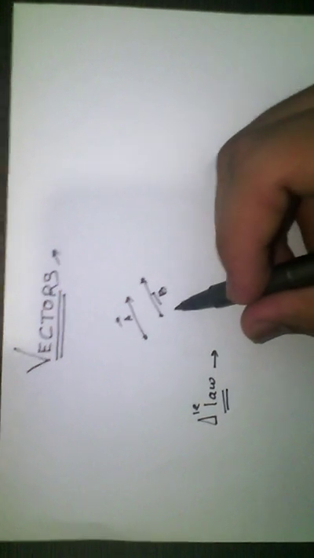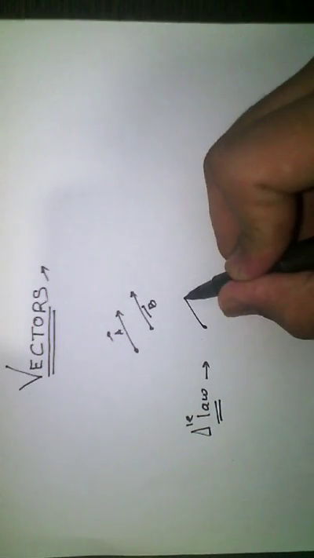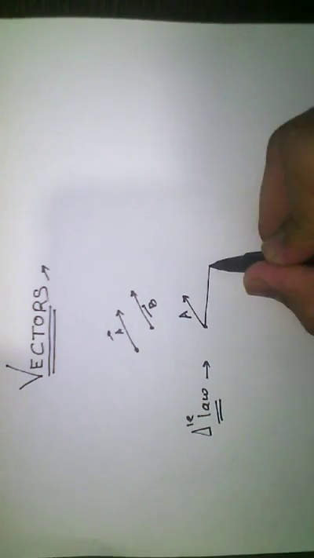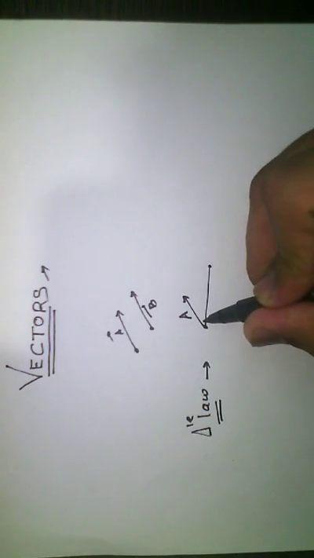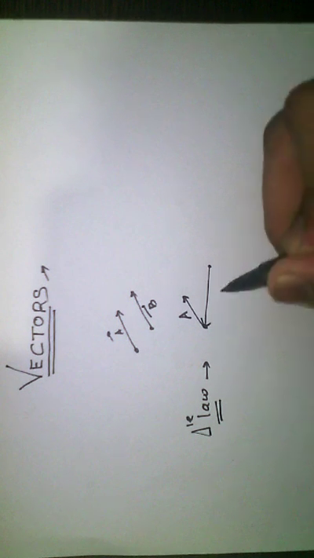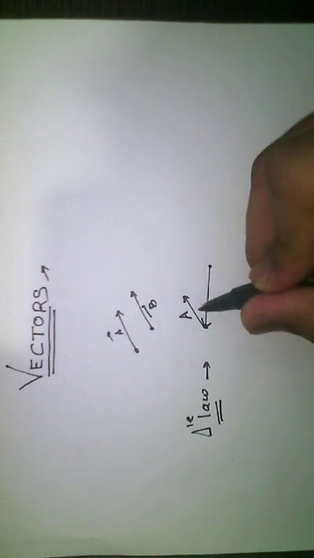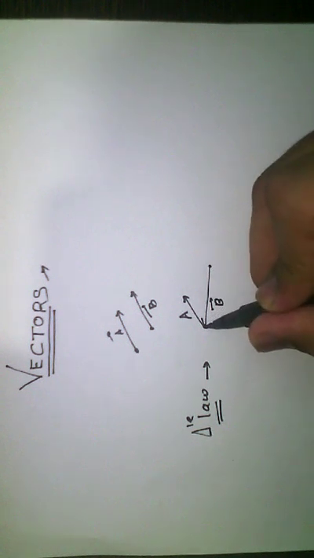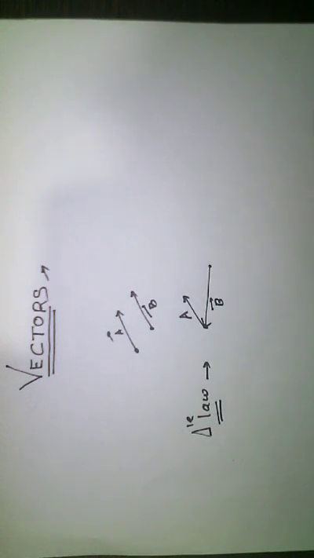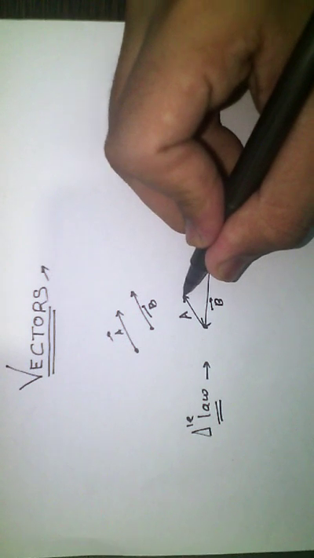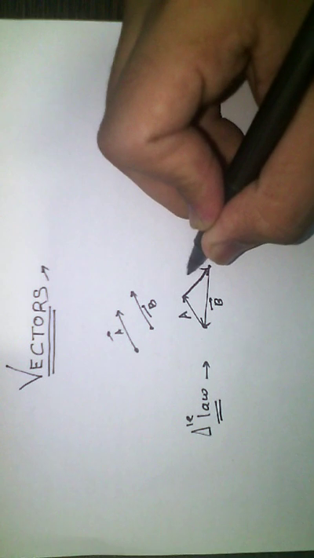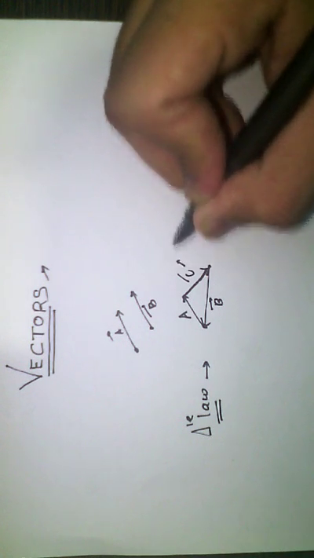The triangle law says that suppose this is a vector A in a specific direction, and this is a vector B in this direction. We must join these two vectors such that the B bar is joining the tail of A bar. Then the line that goes from the head of A bar to the tail of B bar, that is C bar, is the resultant vector.